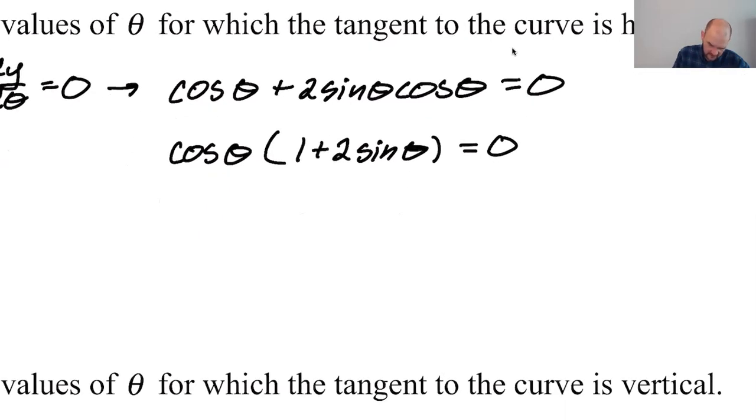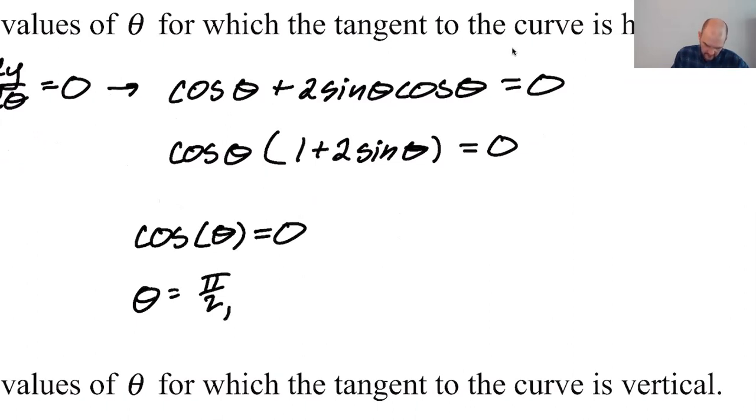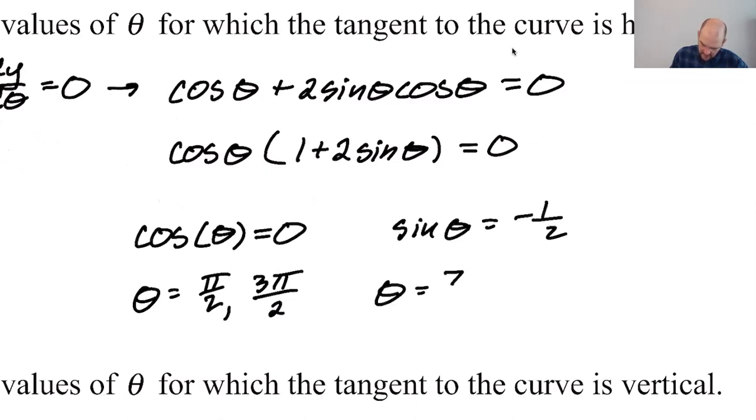So cosine of theta equals 0, and that happens at theta equals pi over 2 and 3 pi over 2. And then sine of theta equals -1/2, which happens at 7 pi over 6 and 11 pi over 6.